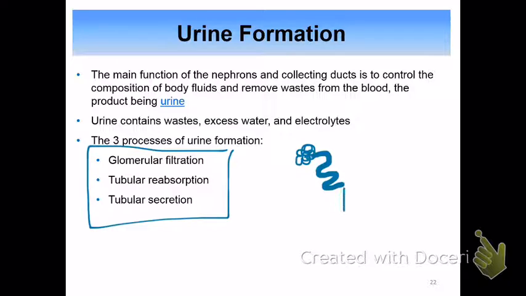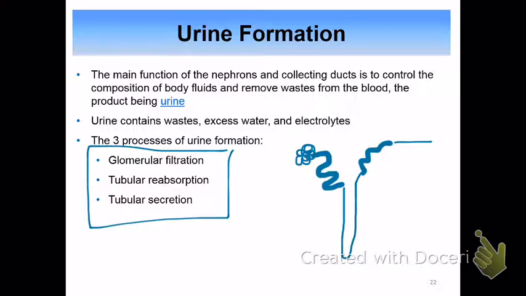Here is your loop, descending and ascending. And then you've got your distal convoluted tubule. And then the collecting duct. So hopefully by now you know this, and I can label it for you if you want me to.